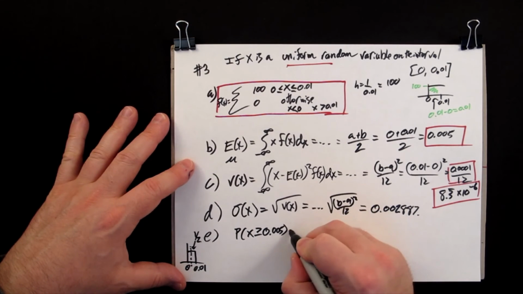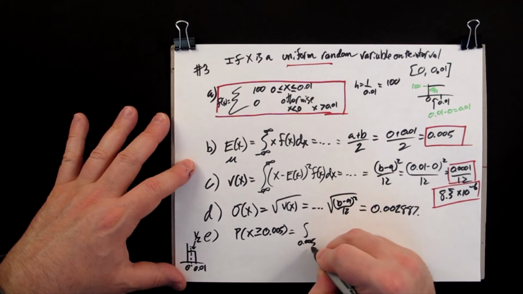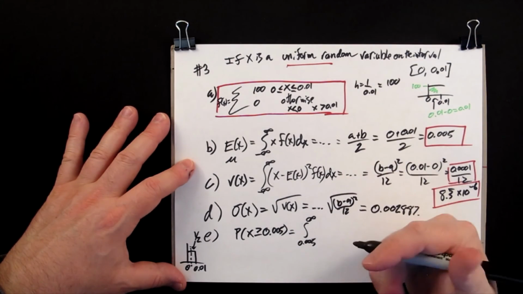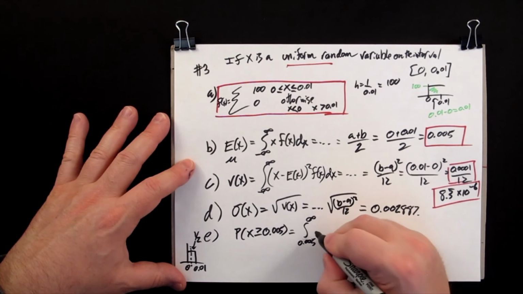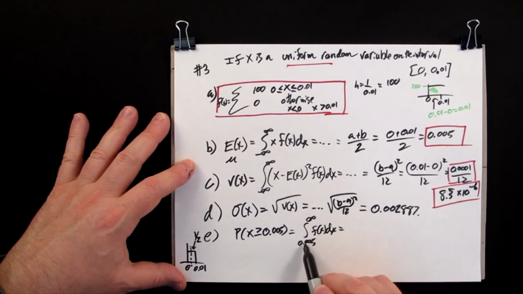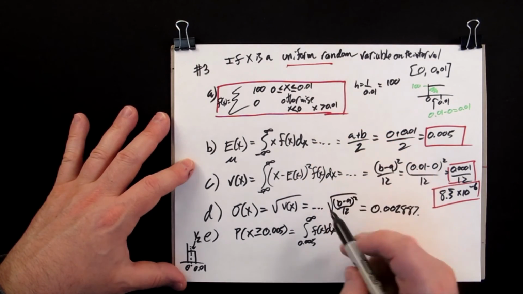Okay. So this is the area we want to find. So we have a lower bound, 0.005. We're finding the sum of all possible, the chance of seeing anything above that value. Our distribution shuts off at 0.01.